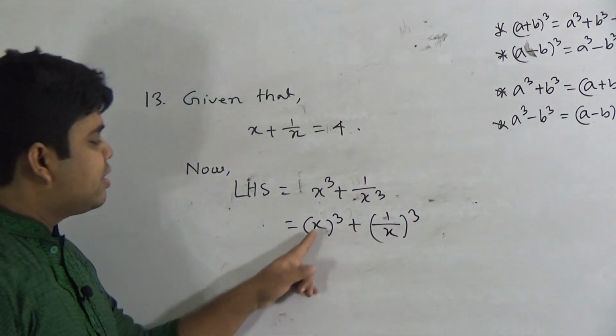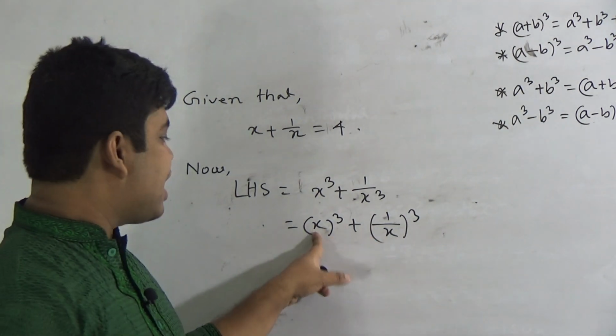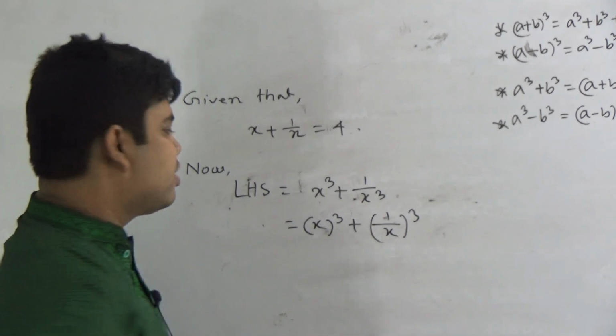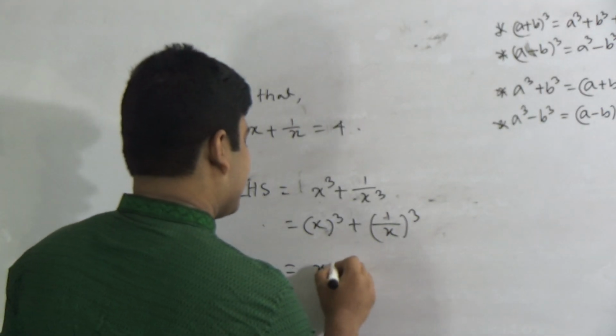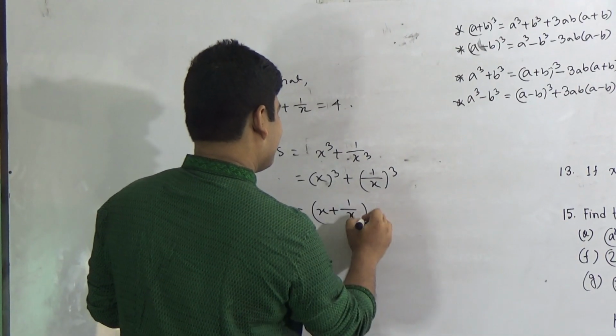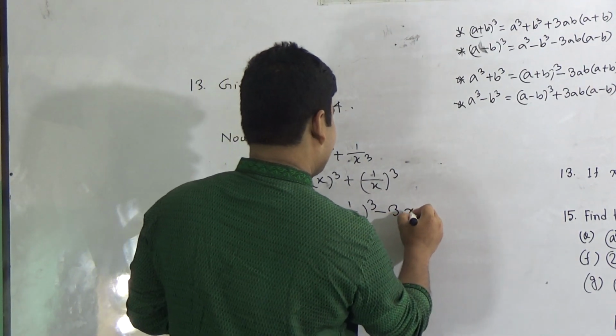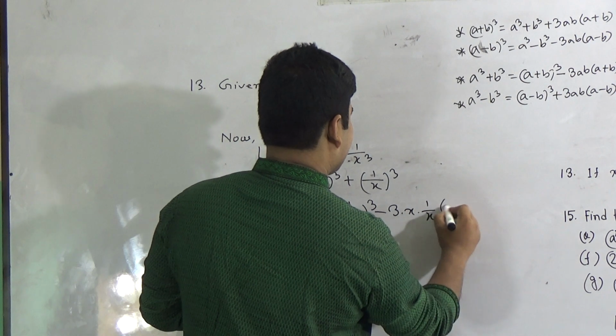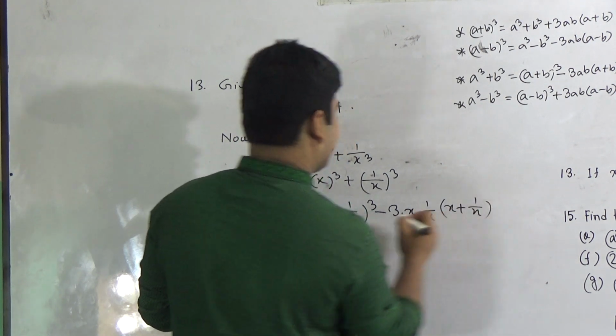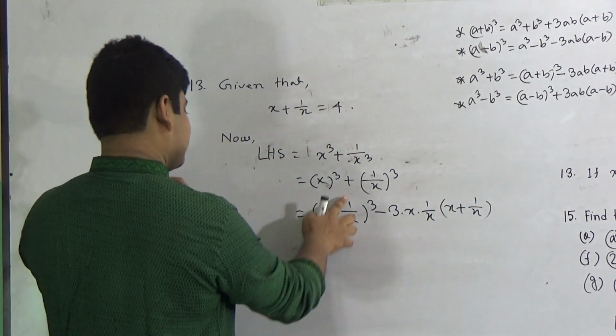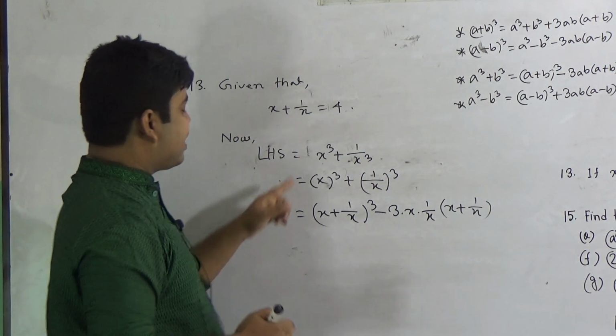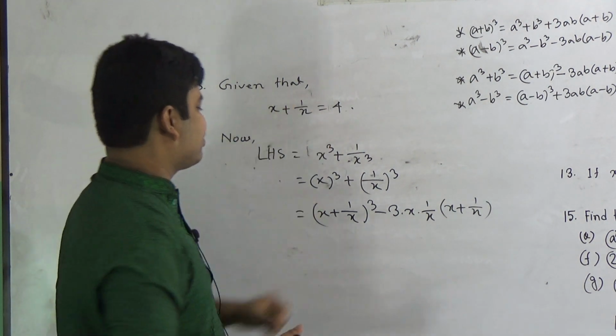Notice, this is a and this is b. So, using the a cube plus b cube formula, it is x plus 1 by x whole cube minus 3 into x into 1 by x into x plus 1 by x. Now, we put the value of x plus 1 by x. The value of x plus 1 by x is 4.